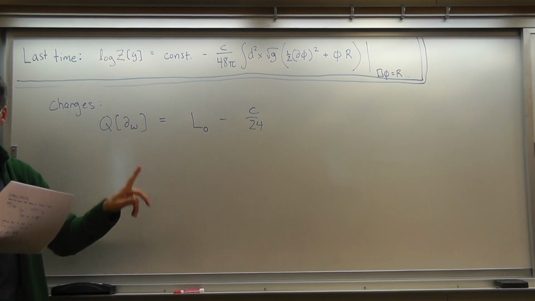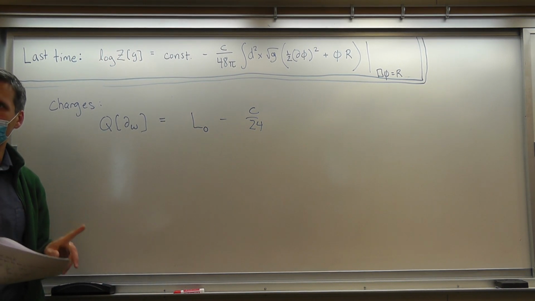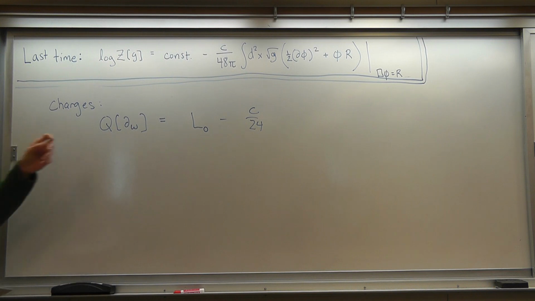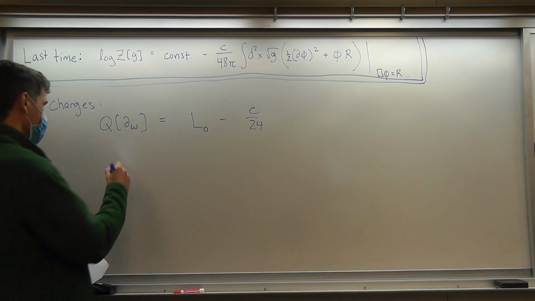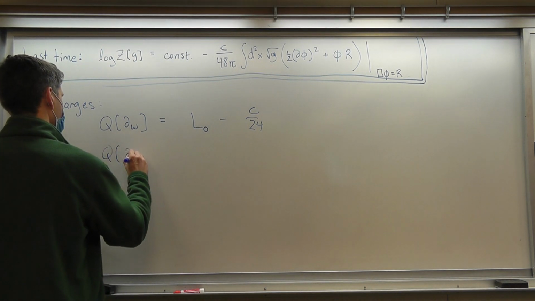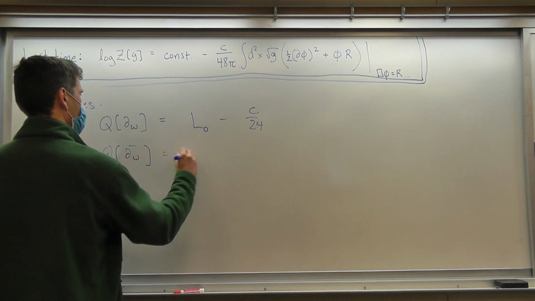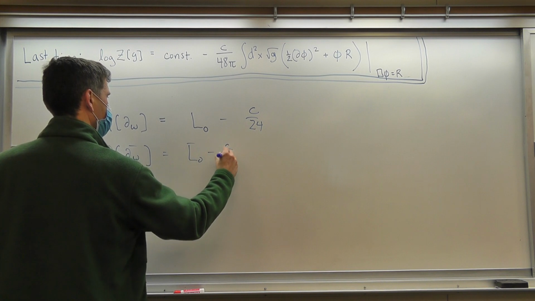But we just determined that T on the plane and T on the cylinder differ by a shift. So the charges are going to come in with a shift. The same thing holds for dw bar. This is L0 bar minus c over 24.